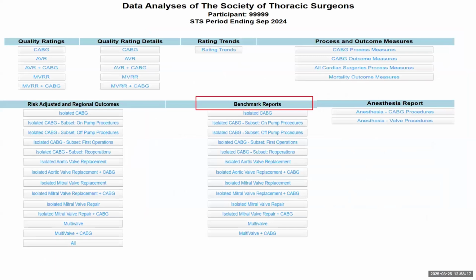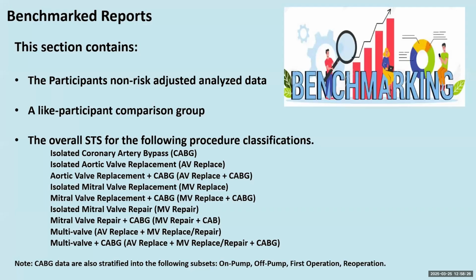Okay, benchmark reports. We'll talk briefly about what's in the benchmark report section. You've got participants' non-risk-adjusted analyzed data, a like-participant group comparison, and overall STS data for these types of procedures.